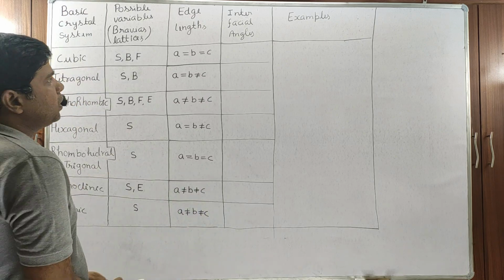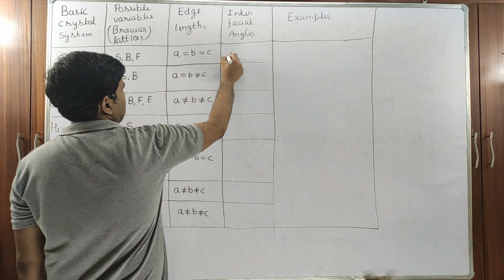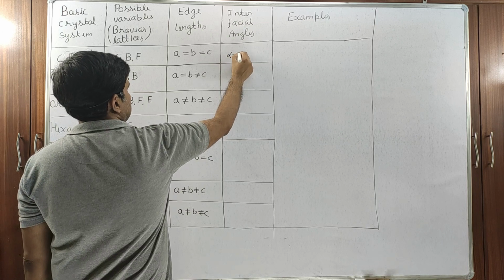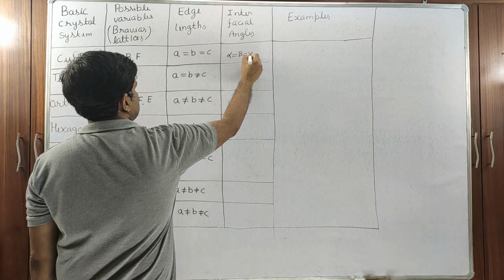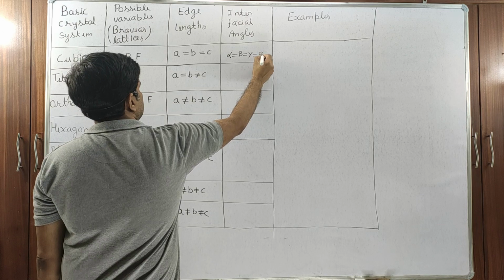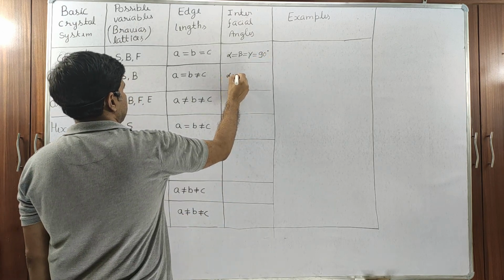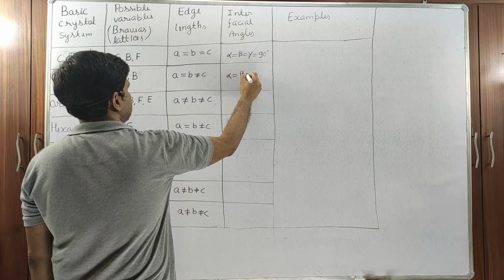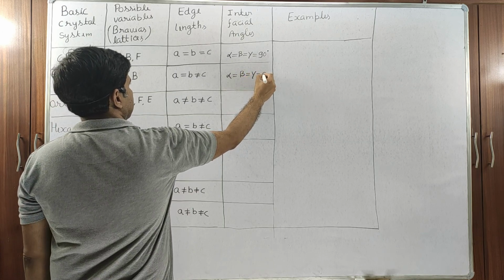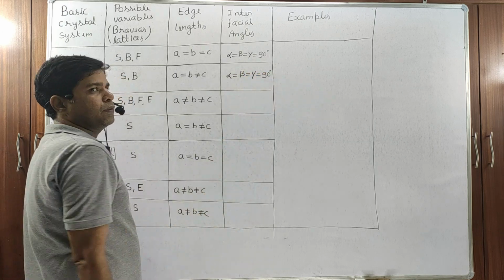Then let's come to the interfacial angles. In the cubic, alpha is equal to beta is equal to gamma is equal to 90. In the tetragonal, alpha is equal to beta is equal to gamma is equal to 90.